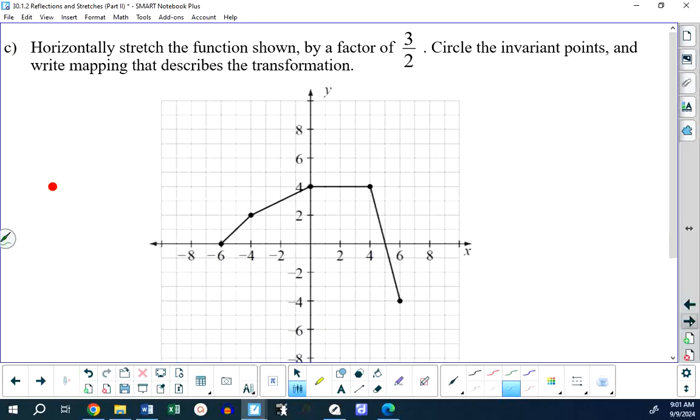So, for example, if we start here with this one, this point is 6 away on the left-hand side. 1.5 of 6 is 9, because 1 of 6 is 6, half of 6 is 3, 6 and 3 gives you 9. So this point is going to be over here at -9. And I hope you're cluing in to the fact that the mapping will be that the x's get multiplied by 3/2. I can take this one, which is 4 to the left. 1.5 of 4 is 6.